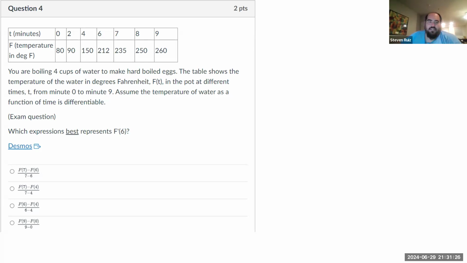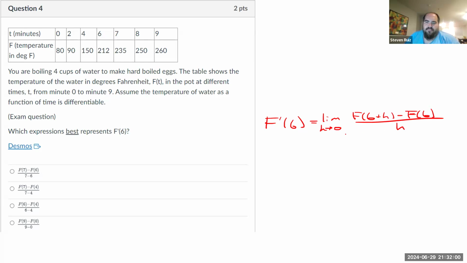So which expression best represents f prime of 6? So what is f prime of 6? Here we're kind of harkening back to the limit definition of a derivative. So I'll write that down first. F prime of 6 equals the limit as h approaches 0 of f of 6 plus h minus f of 6 over h.